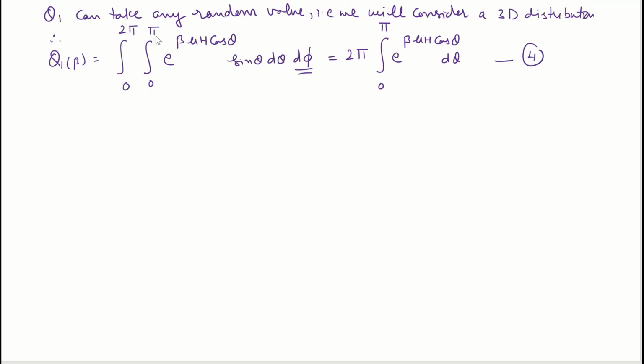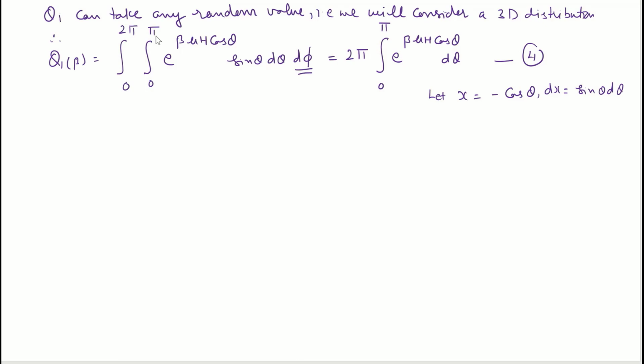Now here what I'm going to do is replace the variable. So we will consider that x is equal to minus cos theta, so that dx is equal to sin theta d theta. Okay, we are intentionally taking a negative sign here.